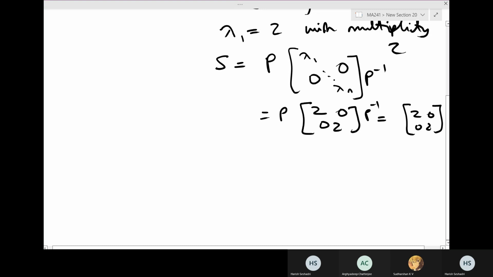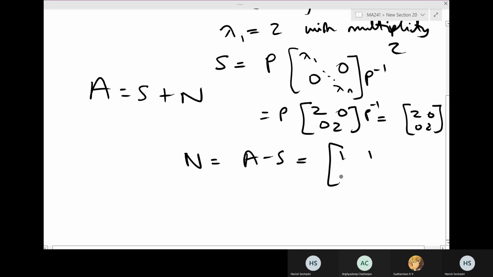And then once you know S, you have A equal to S plus N, and you figure out the nilpotent part. That turned out to be 1, minus 1, this.